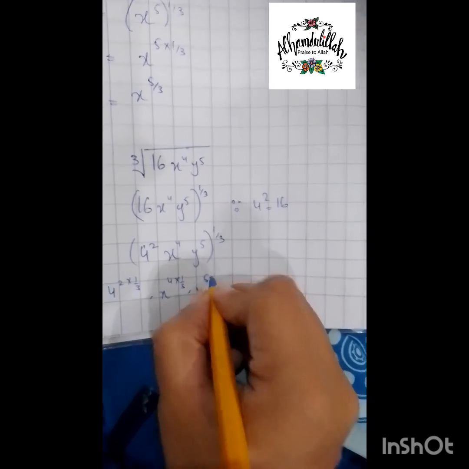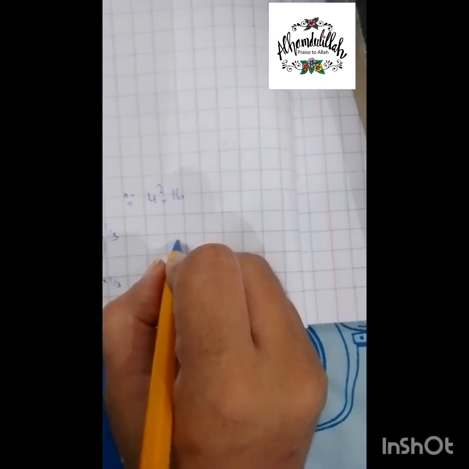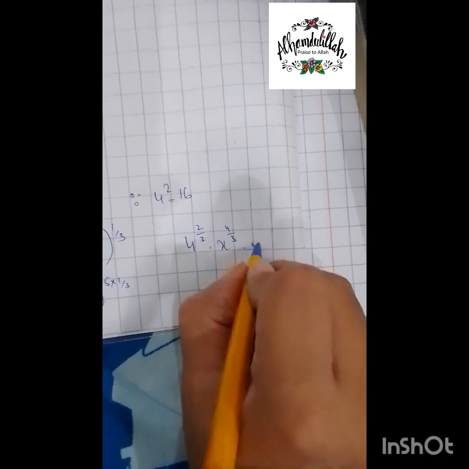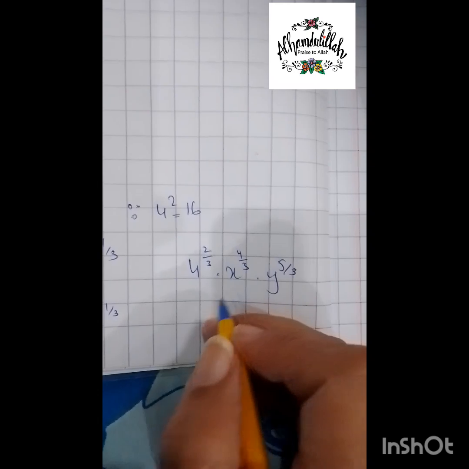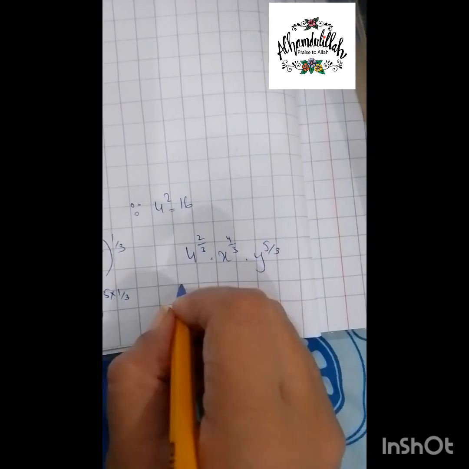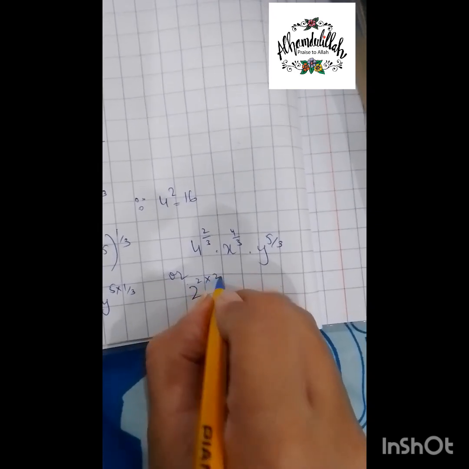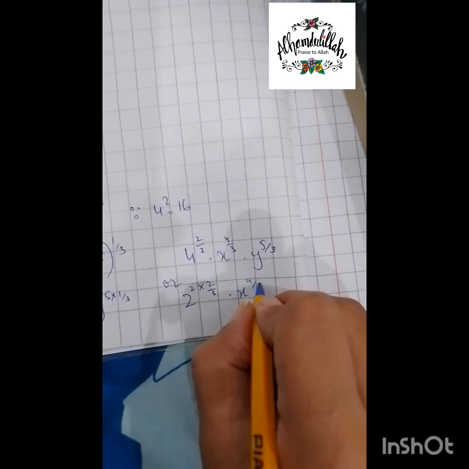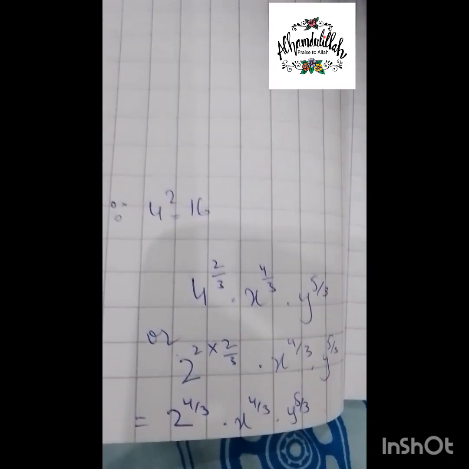Applying the power inside the bracket on each of the components. This is how to divide the power on all the components, all the elements within the brackets. Making it precise, making it simpler, leaving the answer like this.